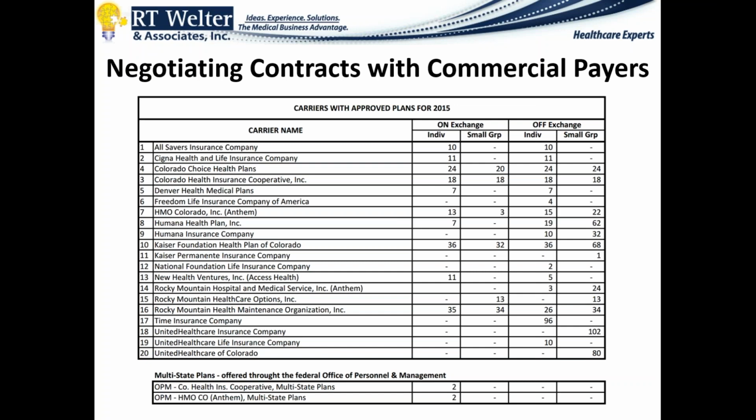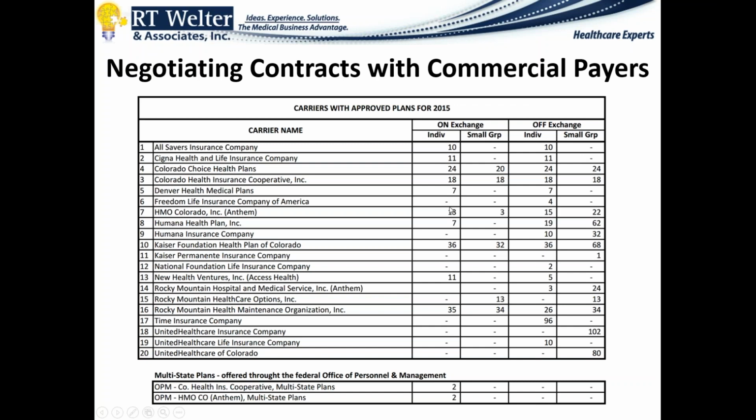This breakdown is public information. You can access this, and it's essentially carriers with approved plans, and this was ACA from 2015, and we're looking at, it looks like 20 carriers, again, not all inclusive, and we have our number of plans offered on the exchange as well as off the exchange.